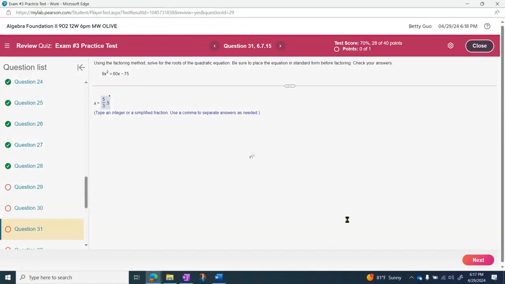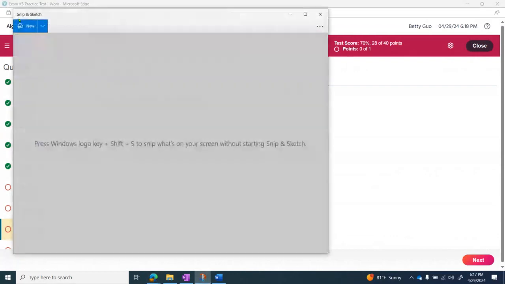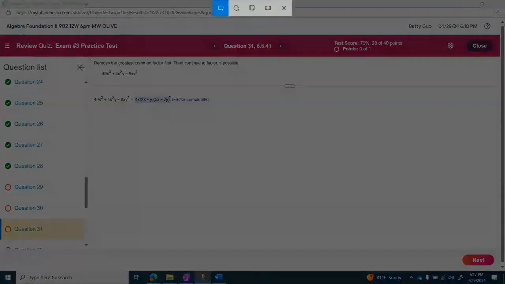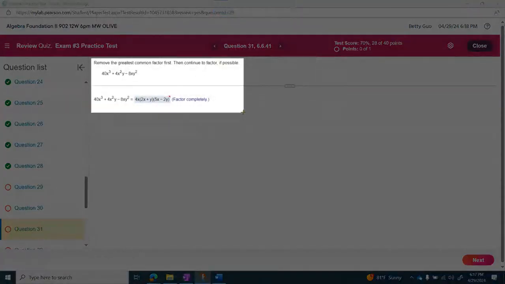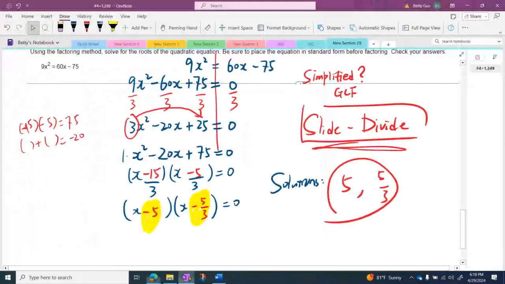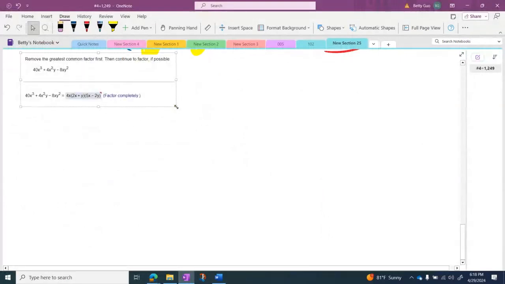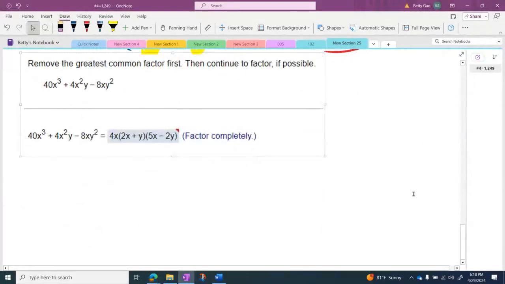Okay, next up, copy paste. Remove the GCF first, then continue to factor if possible.